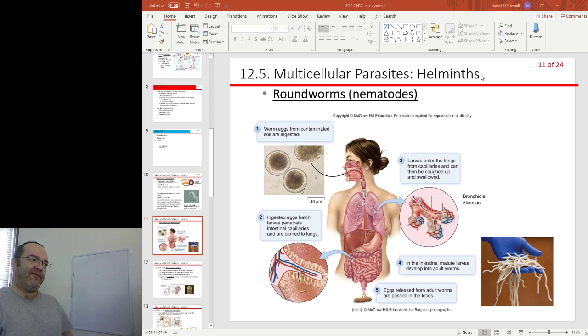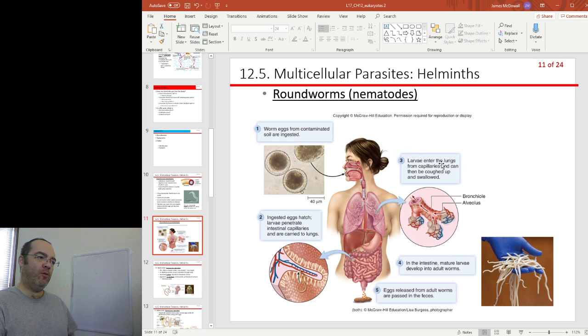So on to slide 11. They have an unusual infectious cycle. Worm eggs are ingested from a contaminated environment.